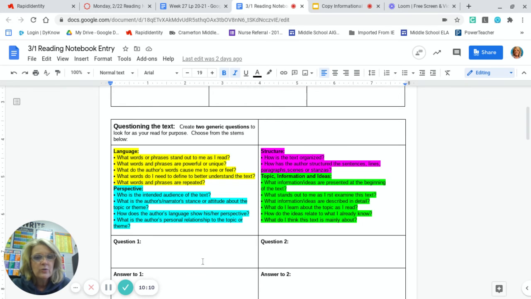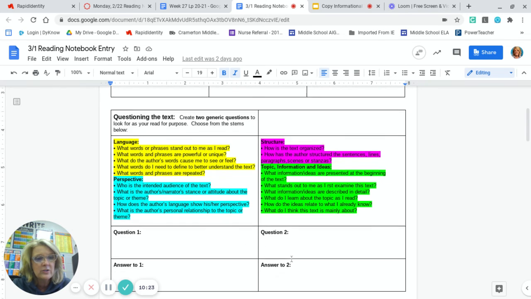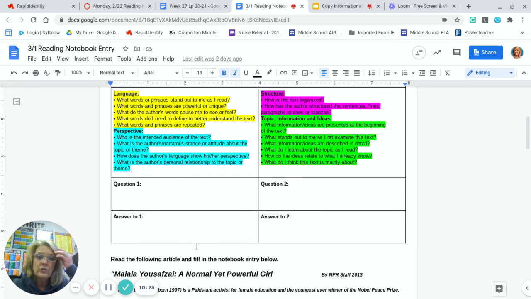Or what information or ideas are presented at the beginning of the text, or what do I learn about this topic? So you're pulling information from here. You're going to type a question here and the second question here, and as you read, you're going to answer the questions that you wrote down in these two spots.